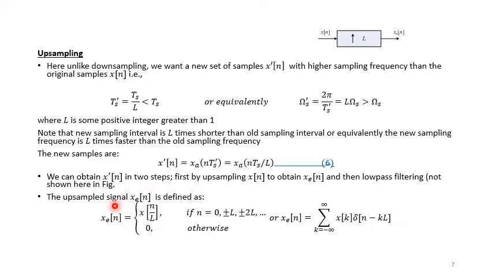So the upsampled x e of n is defined as x e of n equals x of n by l if n equals 0, plus minus l, plus minus 2l, and so on. Or we can say that x e of n equals the summation over k from minus infinity to infinity of x of k times the impulse of n minus kl.